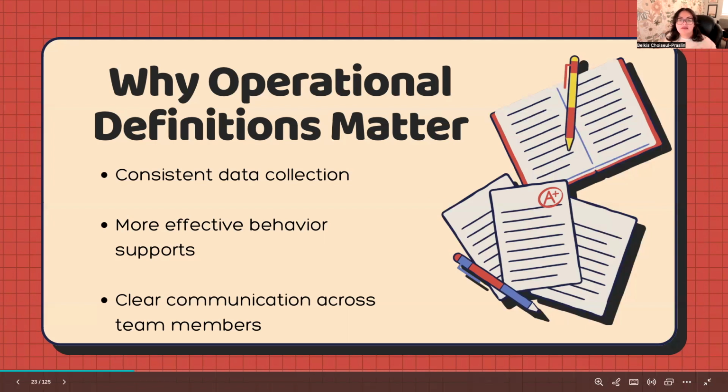When we combine the clear definition of a behavior along with our understanding of the functions of that behavior, we are in a much stronger position to choose the right intervention. Think about it. If Armando is getting up to escape doing independent work versus getting up to get the attention of his crush across the class, those are 2 very different functions, and they call for very different strategies.